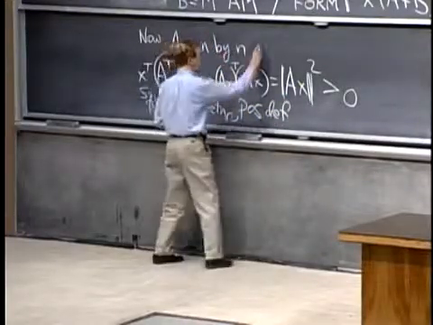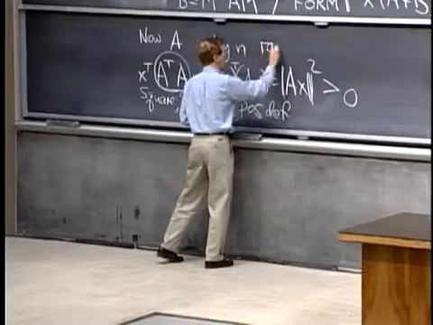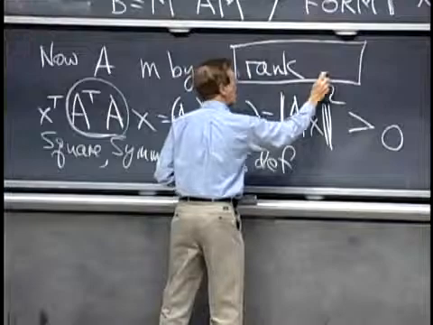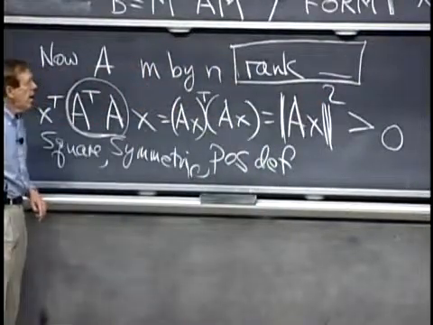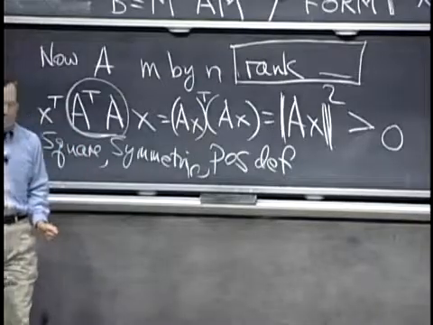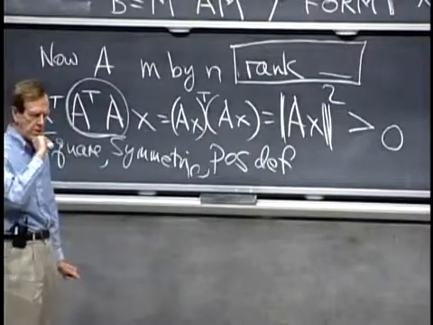The rank should be, so now remember, what's the rank when there's no null space? By no null space, you know what I mean. Only the 0 vector in the null space.